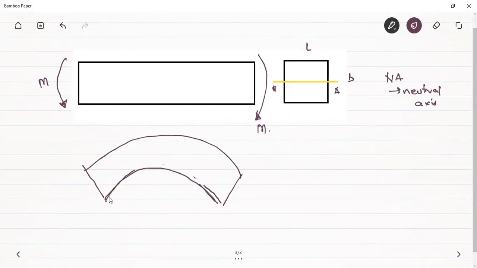You can see that the bottom fibers are getting compressed. These are the bottom fibers, and they are getting compressed, and the upper fibers are in tension.